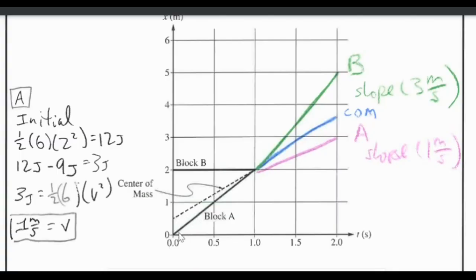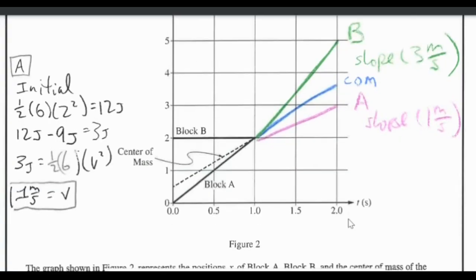So the mass stayed consistent, which means the velocity has to stay consistent. So I had this little dotted slope that went from about 0.5 to 2. So about 1.5 meters in that 1 second. So I continue another 1.5 by going from 2 to about 3.5. And then I call that COM for the center of mass, the one in blue.